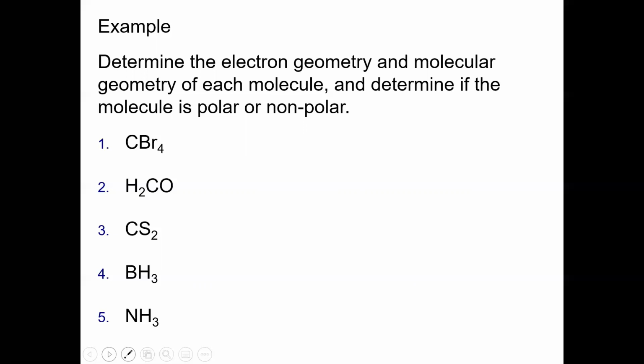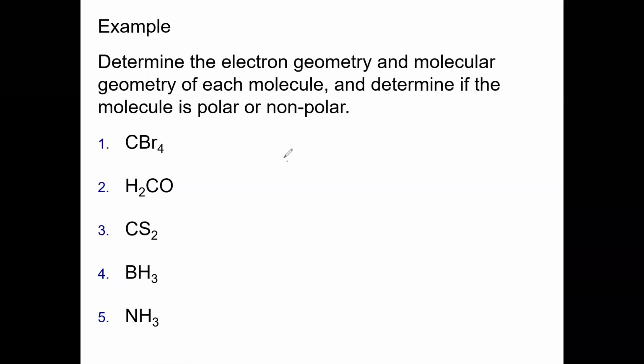So for CBr4, our central atom is going to be carbon. First of all, we should have accounted for that this will end up with 32 valence electrons. So our central atom is carbon.